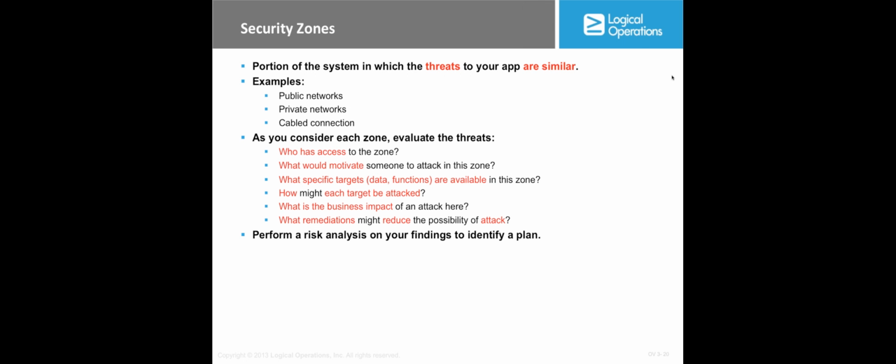And finally, what remediations or mitigations am I going to put in place? How am I going to reduce the possibility of attack, or reduce the overall risk that the attack will be successfully carried out?